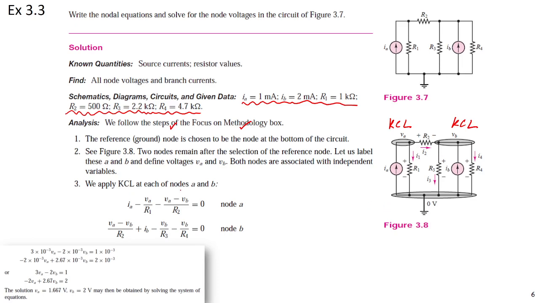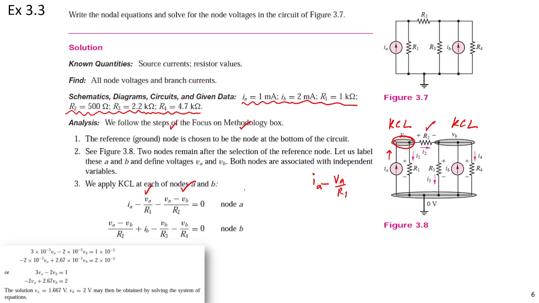KCL at node A is IA minus I1 minus I2. I1 will be VA divided by R1, and I2 is VA minus VB divided by R2.